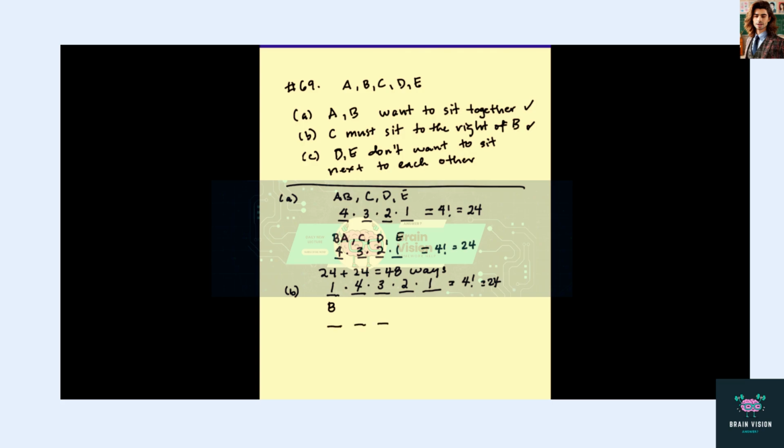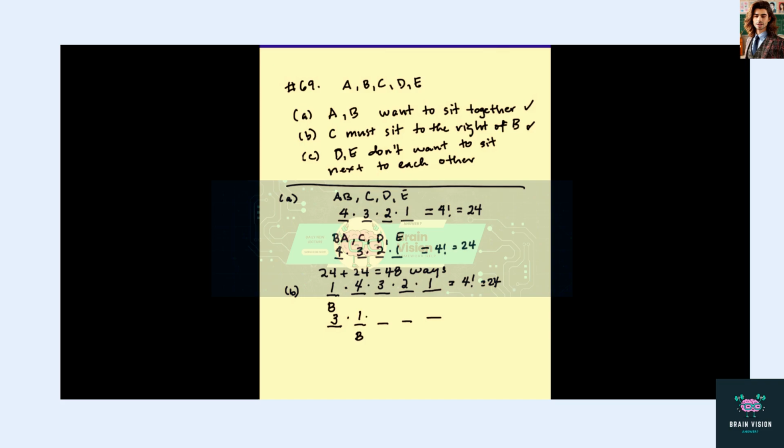Let's put B in the second seat. So one possibility for that seat. For the first seat, B won't sit there and C cannot sit there because it is to the left of B. So there will only be 3 possibilities, A, D, or E.